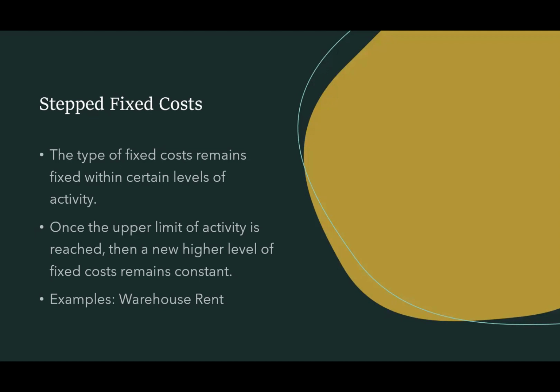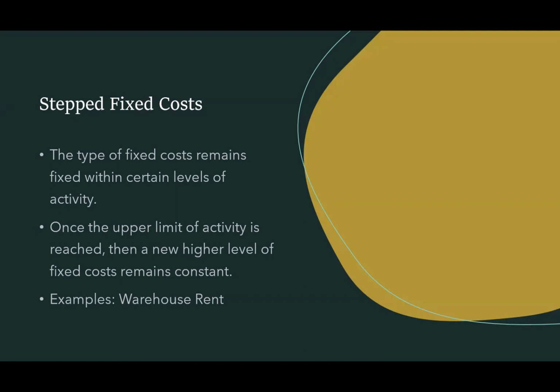So till 1,000, the cost of the warehouse was 5,000. But as you made your production more than 1,000, let's say till another 2,000, you need another place. You have to pay another rent too, and hence the total fixed cost will become 10,000. So till 2,000 cakes, your fixed cost will remain at 10,000.